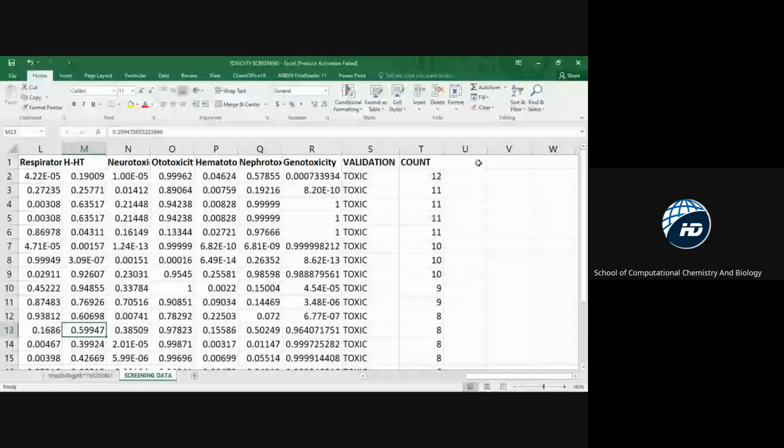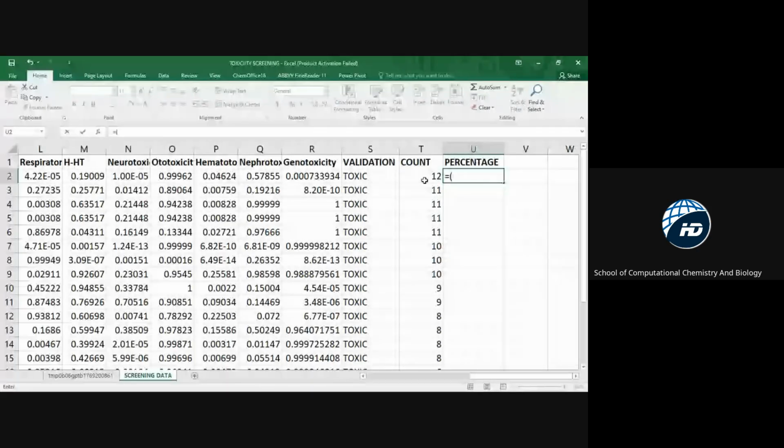I forgot to add the percentage, although we calculated it that day, but let me just do the calculation. We are saying this value divided by 17, then times 100.